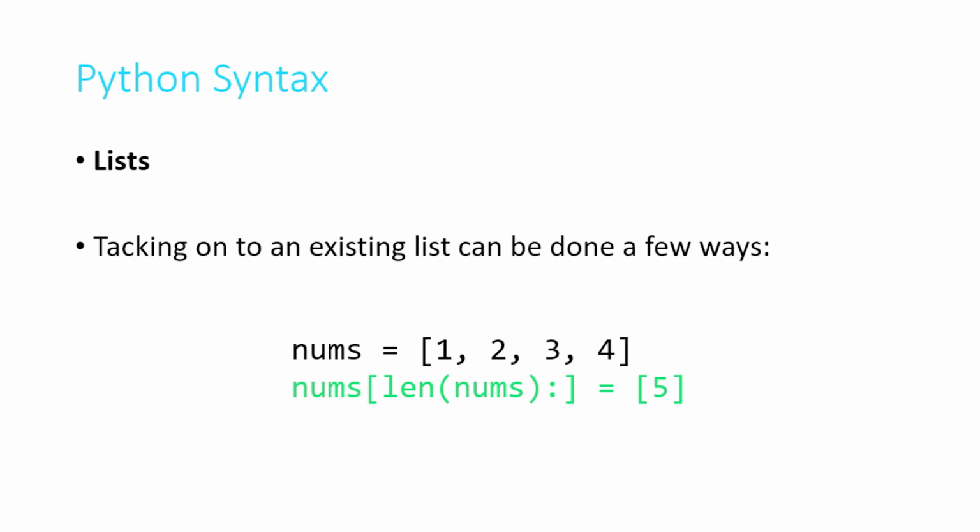There's a list there with a single element, 5, and I'm saying the nums list from position 4, which is the length of nums, forward, gets this list assigned to it. So if I had put 5, 6 there, after this would execute, I would end up with nums equals 1, 2, 3, 4, 5, 6. So this is how I can perhaps attach one list to the end of another list, as opposed to attaching one element to the end of a list.